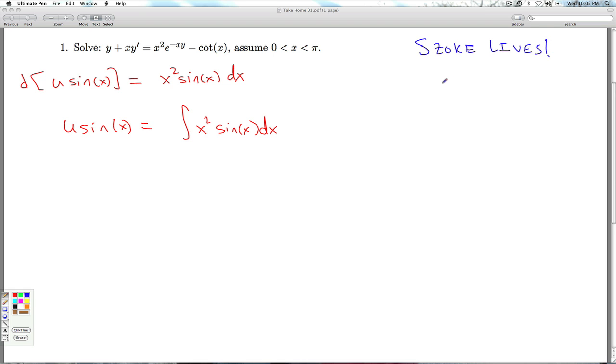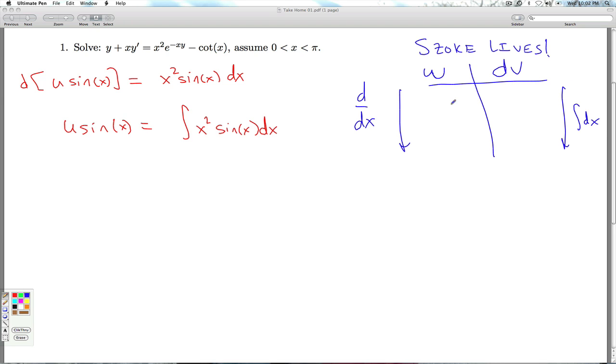So I'm going to have the u column. Well, I guess u is a bad choice. I'll call it the w column and the dv column. So I'm going to take derivatives here, and antiderivatives here. We start off with x squared, 2x, 2, and 0.